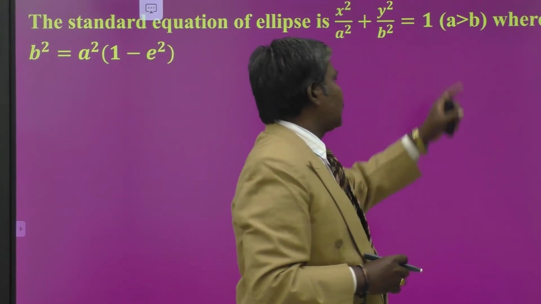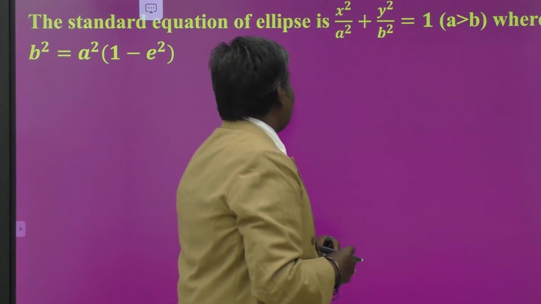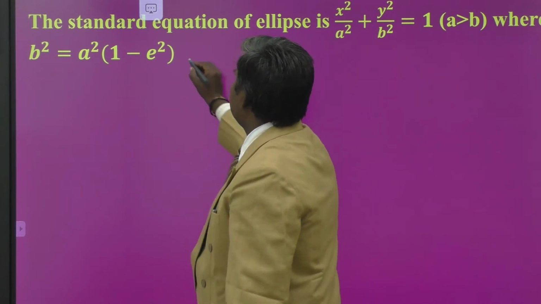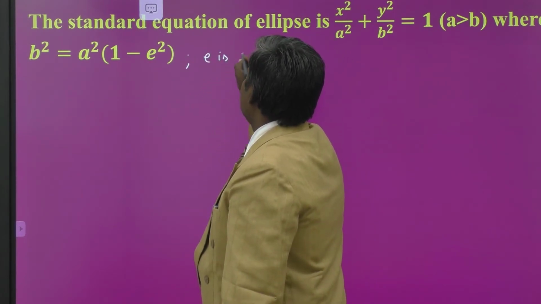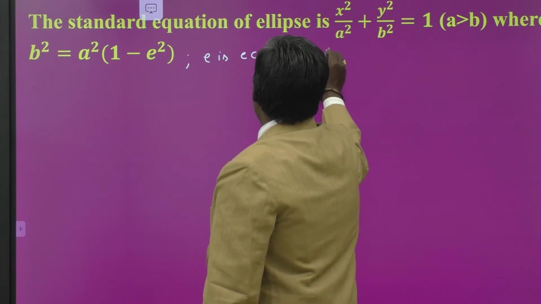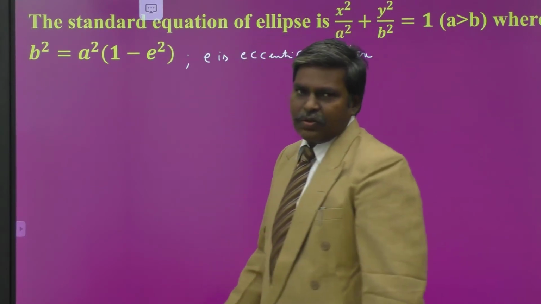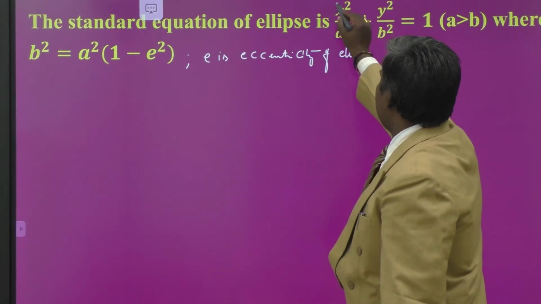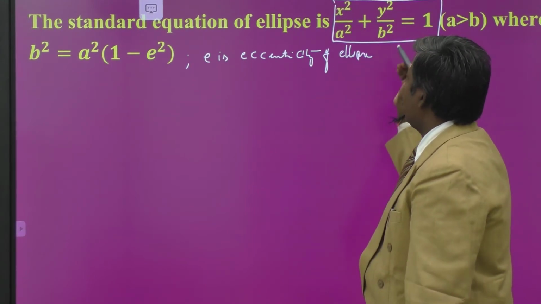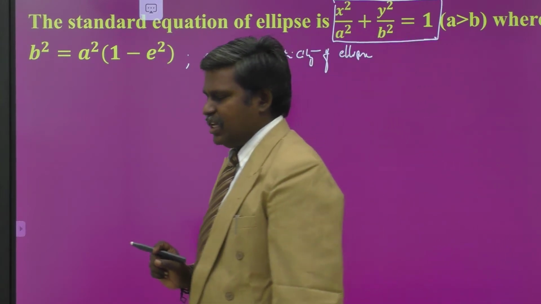Here a is always greater than b, and b square equals a square into 1 minus e square, where e is the eccentricity of the ellipse. What is the standard form? x square by a square plus y square by b square equals 1. You are going to derive this one. This is the standard equation of ellipse.